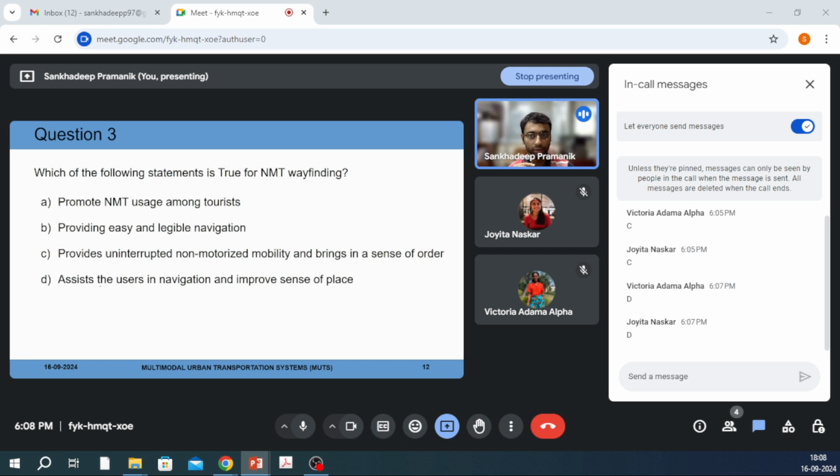It assists the users in navigation and improves the sense of place. More than one answer can be correct.